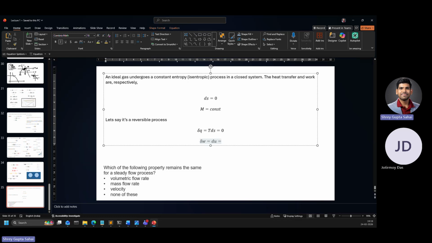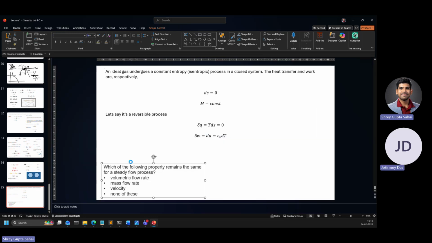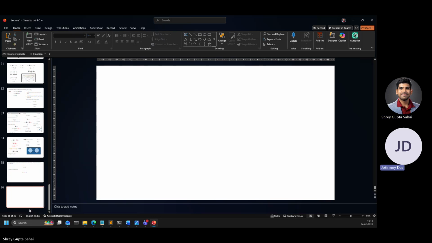What is dU equal to for an ideal gas? Oh, CvdT, that we did. Yes, CvdT. Okay, so that one was a simple thing. Let's look at the next one.